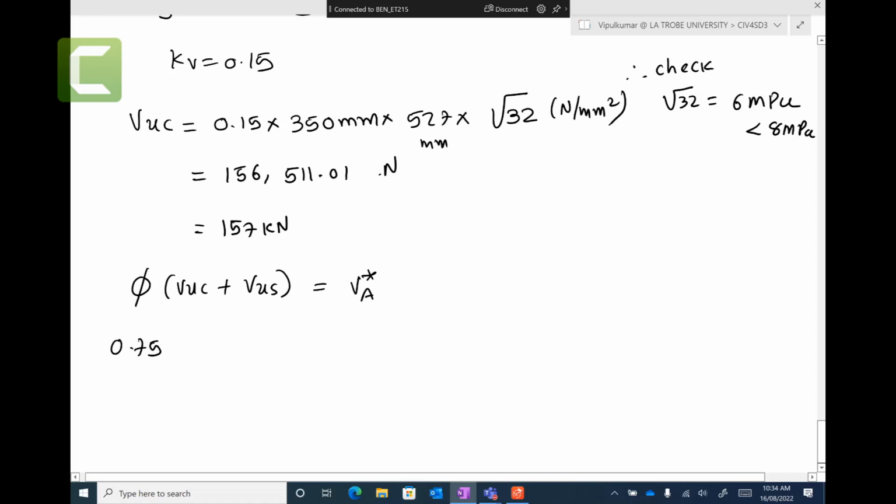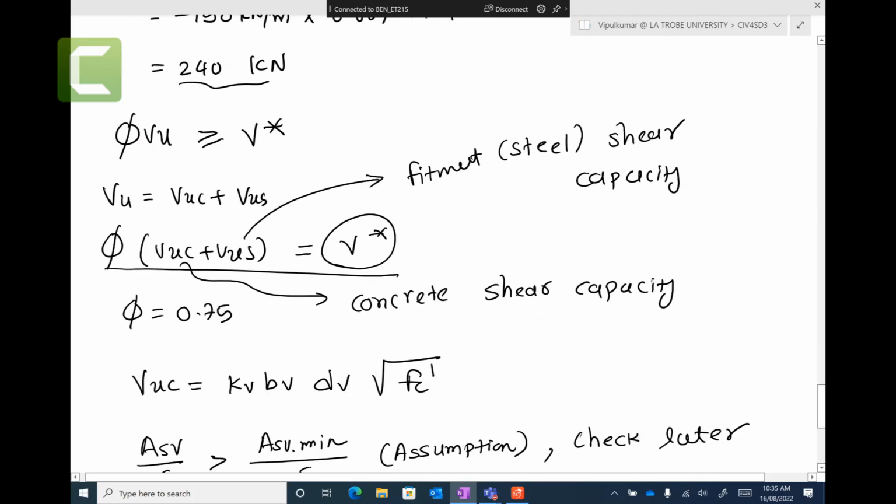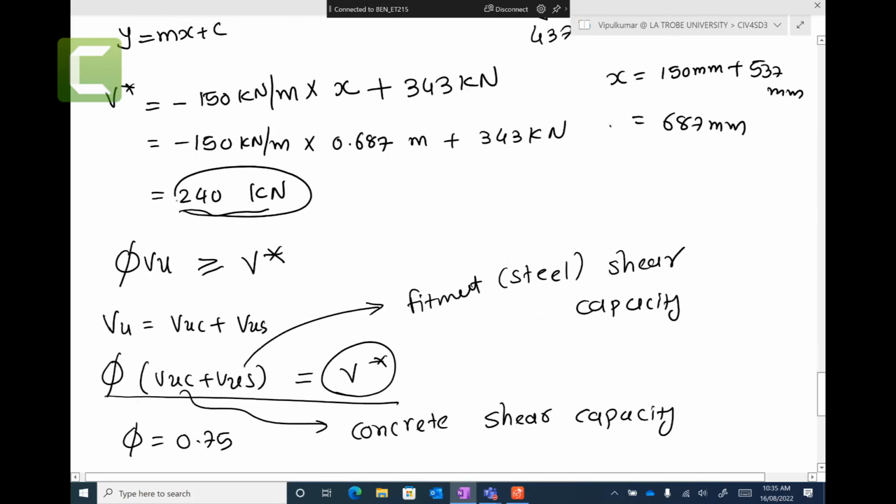Let's say at the support A, at region A or VA, VUC we got 157 kilonewtons plus VUS, we need to find. A star, we got about 240 kilonewtons.